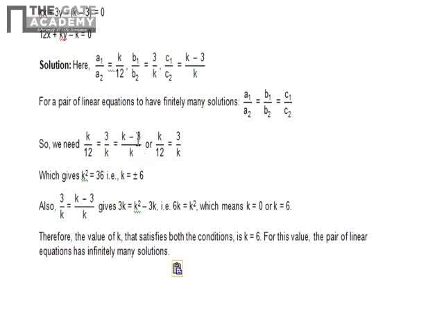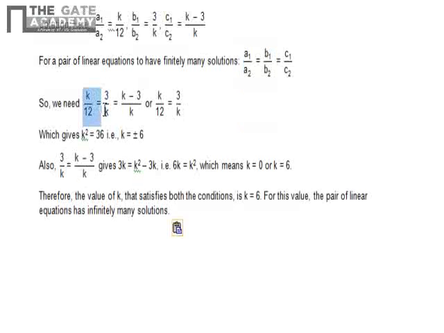Now we'll put these three values according to these three conditions, and we'll solve by taking two pairs. We'll take this first. This will give k square is equal to 36, that is k is equal to plus or minus 6. Now we'll take these two.